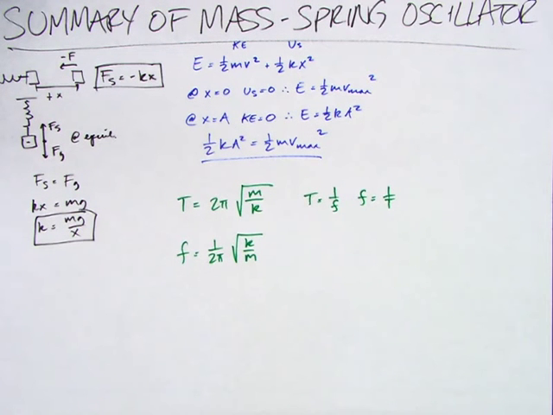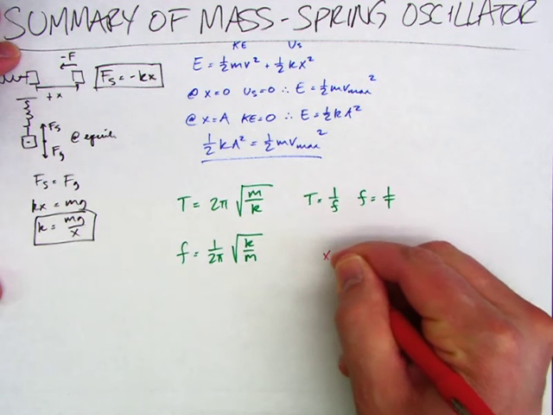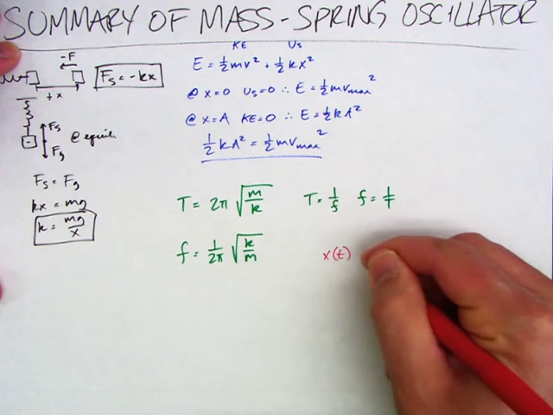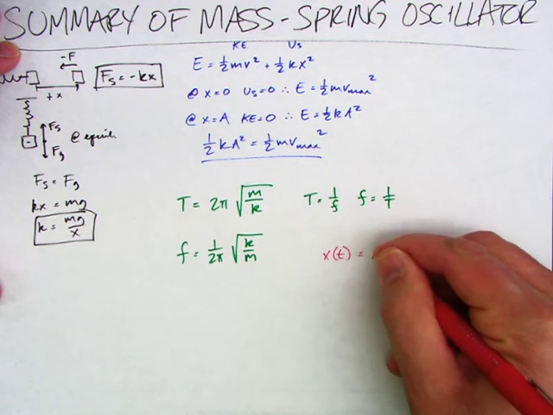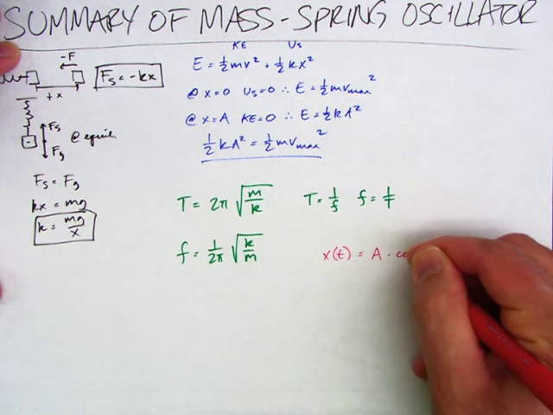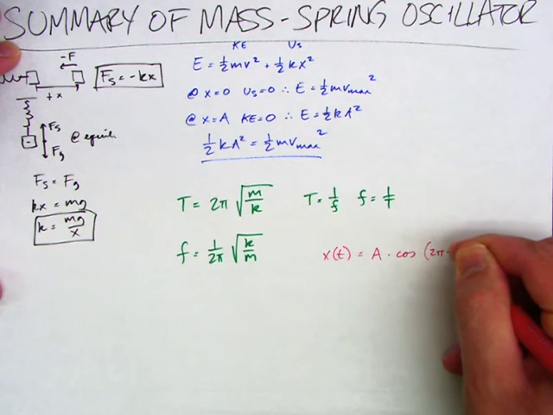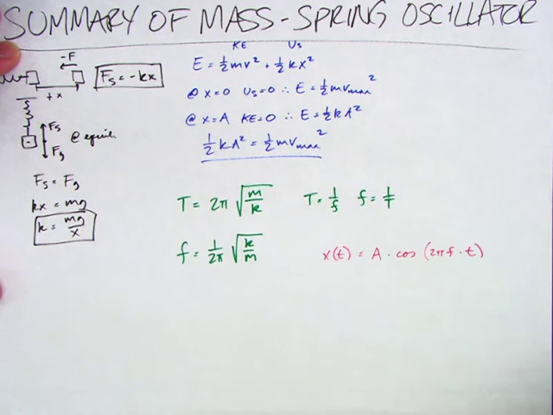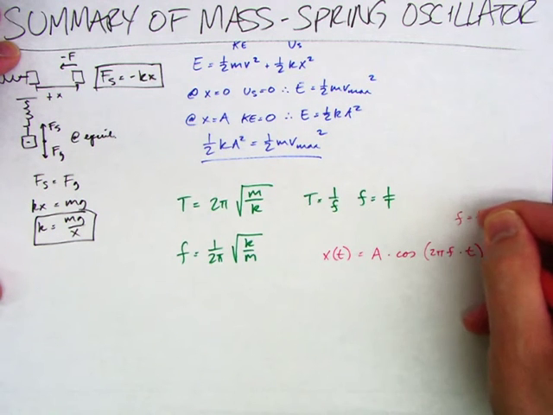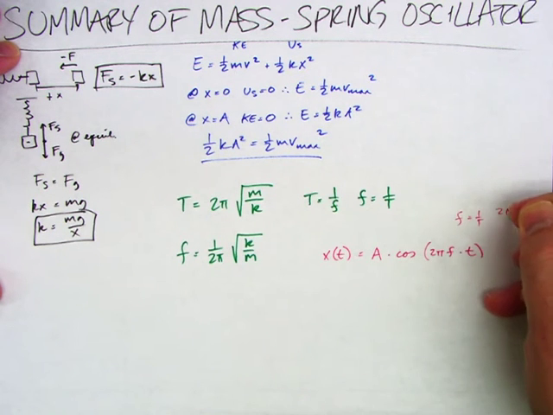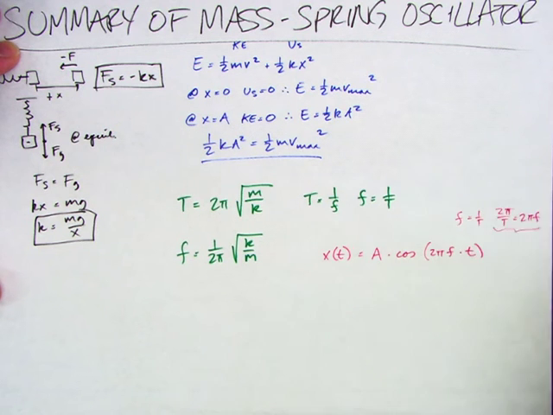And finally, we derived the other day some motion equations for the spring system as a function of time. So we saw that the position as a function of time is equal to the amplitude times the cosine of 2 pi times the frequency times t. And remember, f is 1 over T, so I can use 2 pi over T for 2 pi f, however you want to express it.